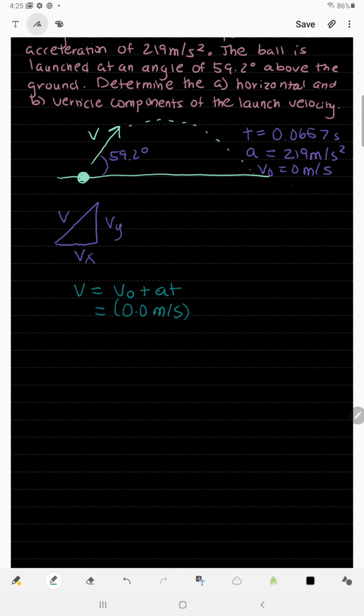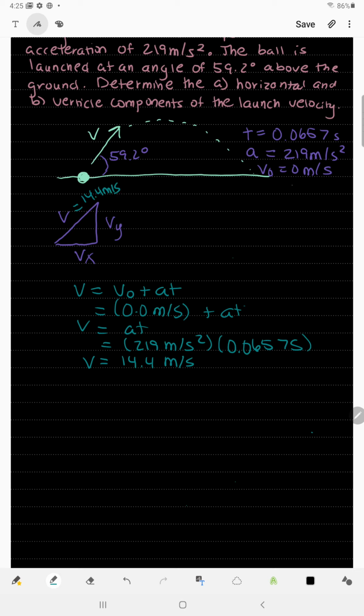Since initial velocity is 0 meters per second, we're really just saying that velocity equals acceleration times time. We plug in those numbers, and once we put this into our calculator, we should get 14.4 meters per second. Then I'm going to write that into our diagram. I'm also going to write the angle down because I forgot to put that in.